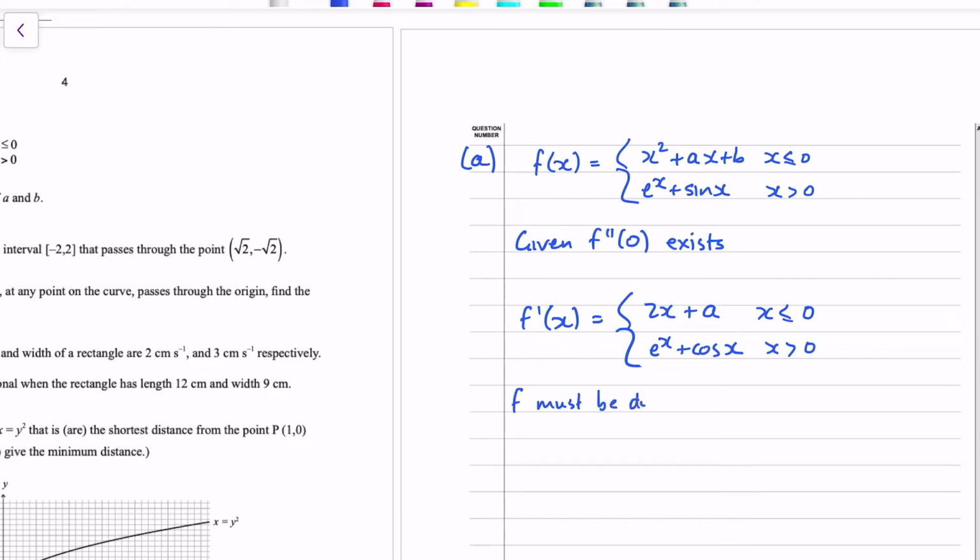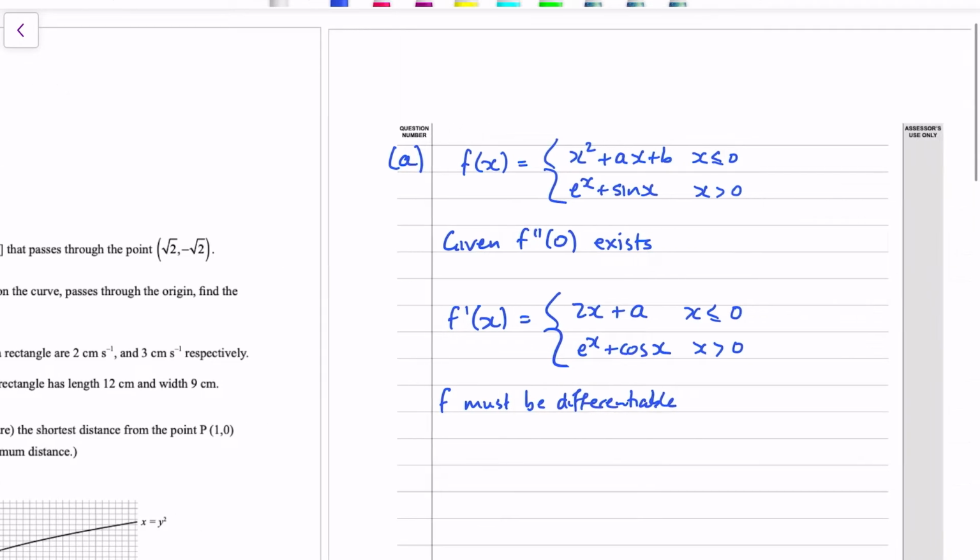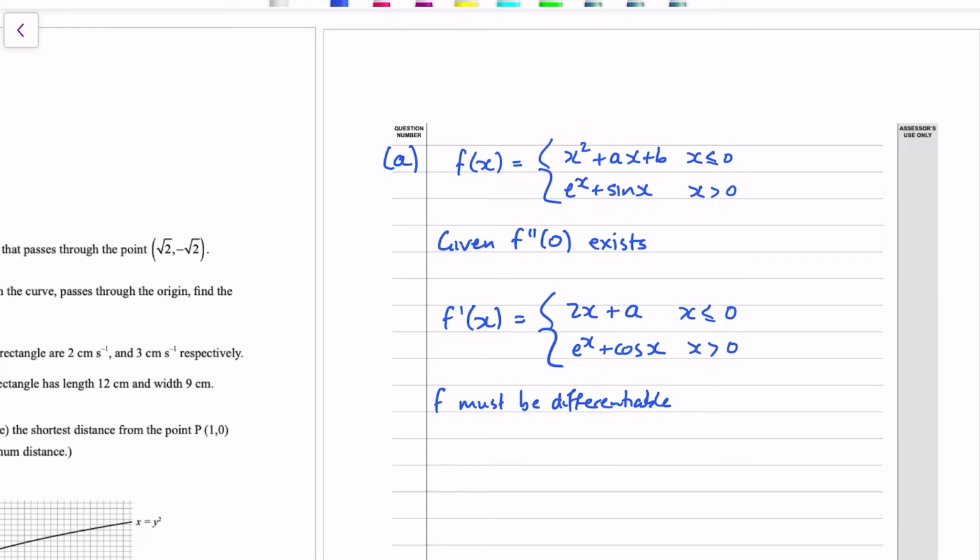We know f must be differentiable, so f is continuous. If you think about the parabola and the exponential functions, any value of x can go into those.